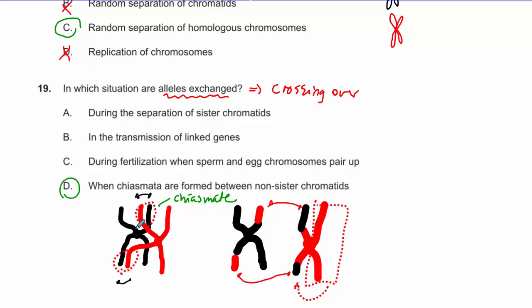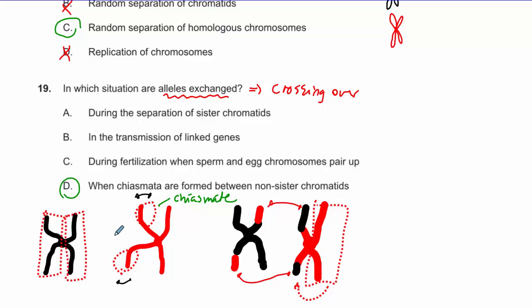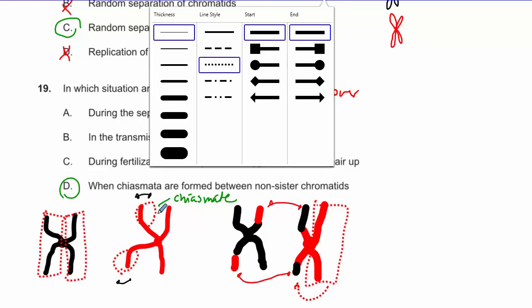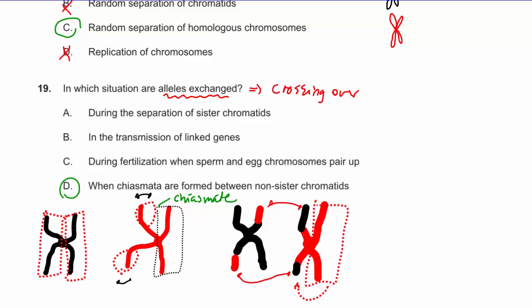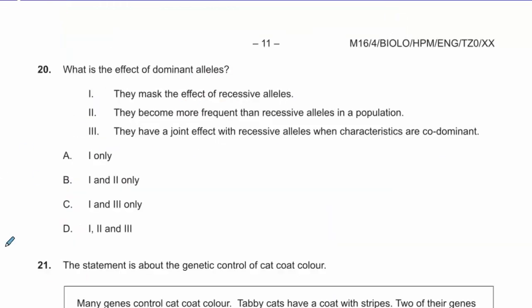A sister chromatid, for example, this chromatid is a sister with this one, but this chromatid is a non-sister with this red one. So these two are an example of non-sister chromatids. So that makes sense for D.